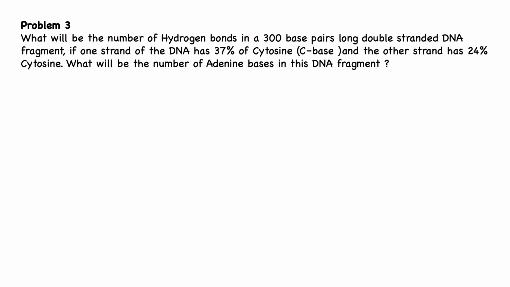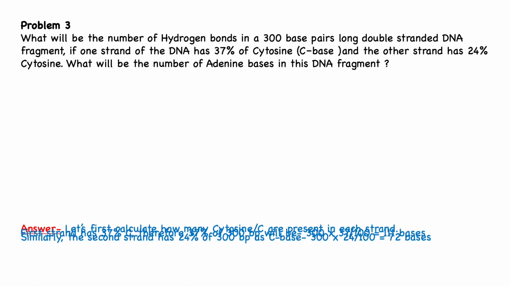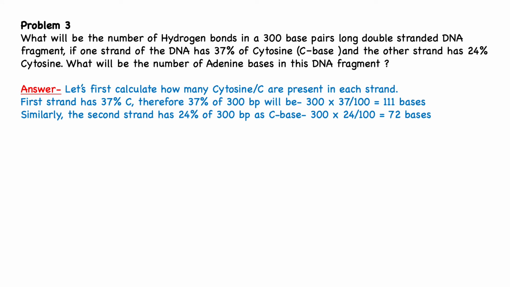For problem 3, we need to keep in mind that the number of cytosines will be equal to the number of guanines, and the number of adenines will be equal to the number of thymine bases. So let's first calculate how many cytosine bases are present in each strand and then add up for a total, which is 183.